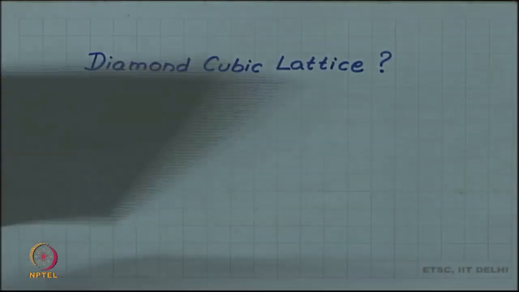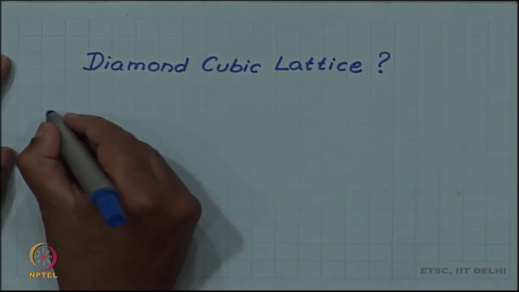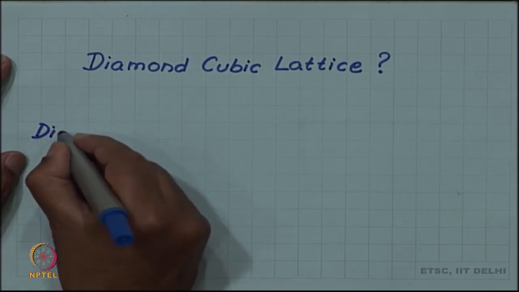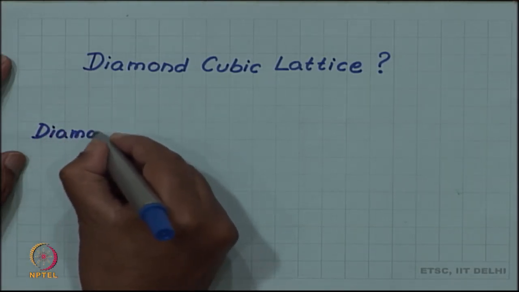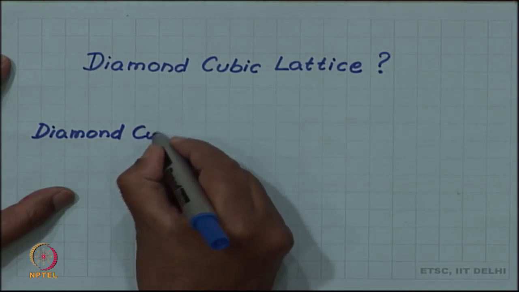So, an interesting question comes, and it is a widespread confusion in literature as well as on the web, is there anything called diamond cubic lattice? So, we have already seen the crystal of diamond is a diamond cubic crystal. So, it is not diamond cubic lattice, but diamond cubic crystal.